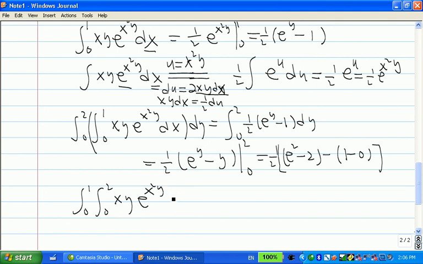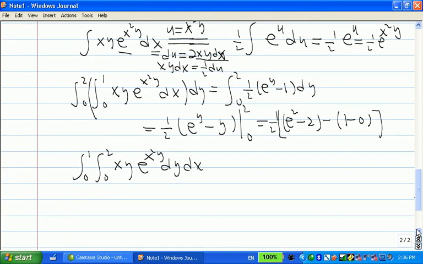Since y is between 0 and 2, you have dy first. dy corresponds to the inside integral, and the dx corresponds to the outside one. This is just another way to find the same double integral. They should give you the same thing, but sometimes one is much harder to find than the other.